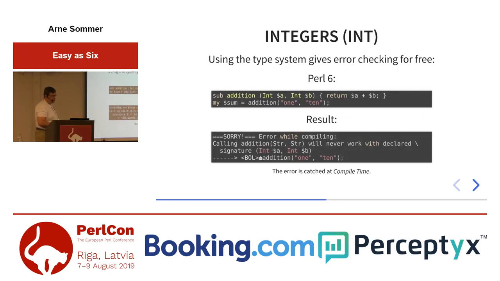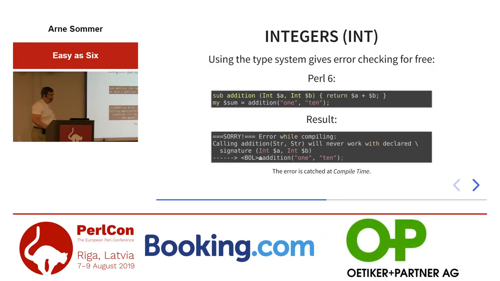Integers. You get error checking for free if you use the type system in procedures like this. The result is a compile time error. The earlier you catch an error, the better.